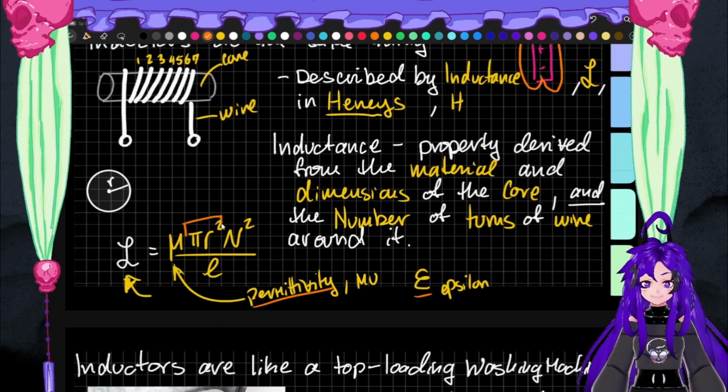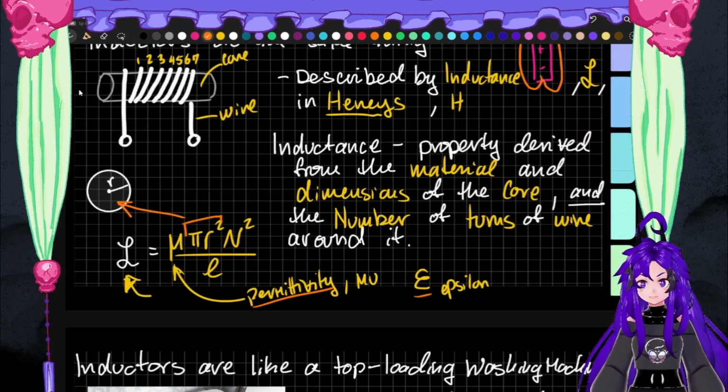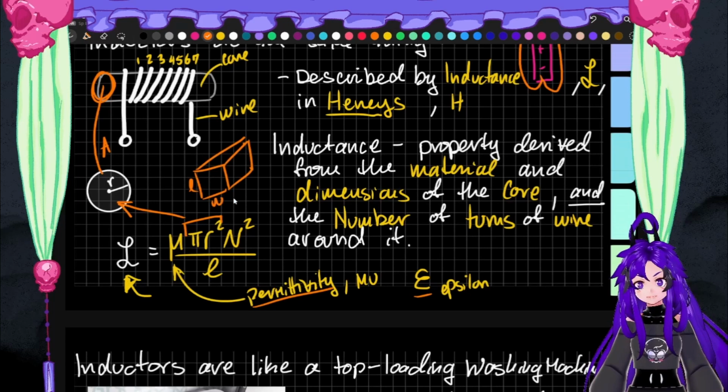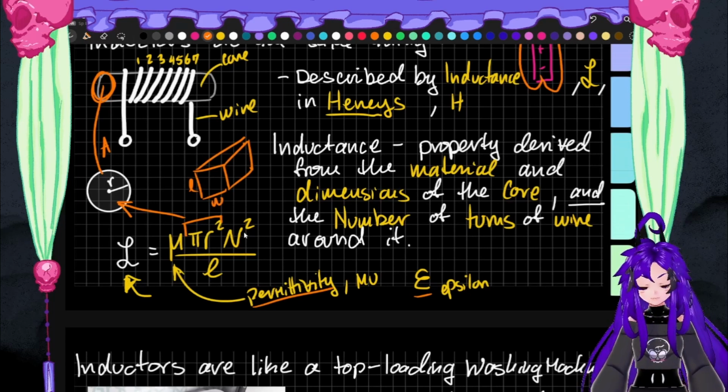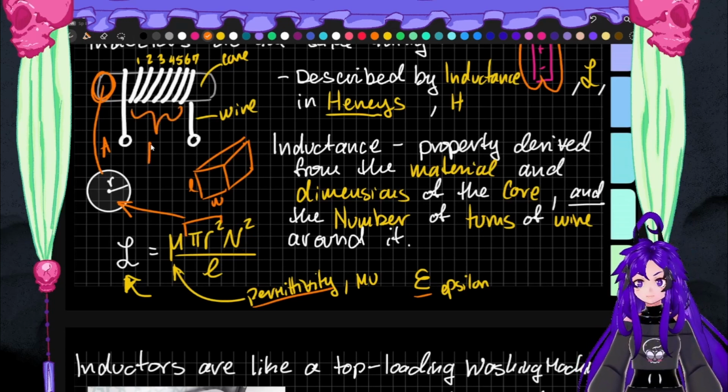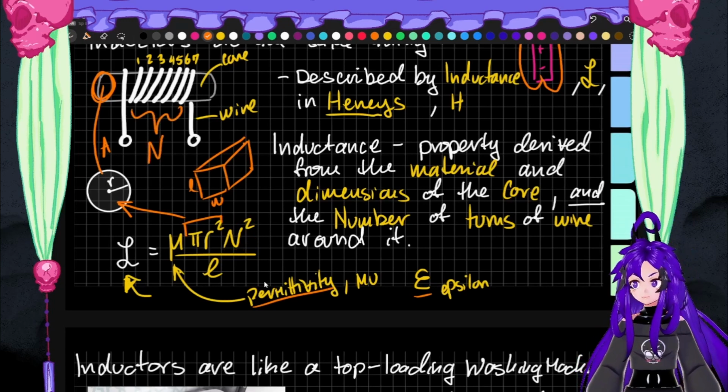This is the area of a circle, right? Well, there you go. That's the area of the flat face of the core. So if you have a rectangular core, then you're going to have length times width. N, well, that's the number of turns.